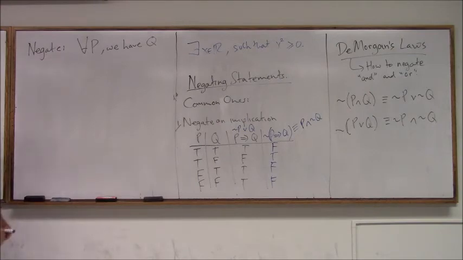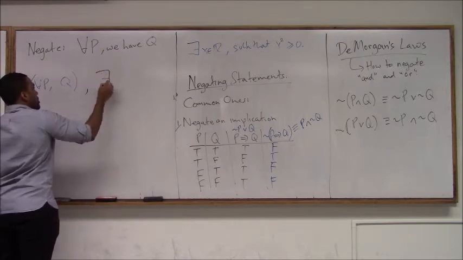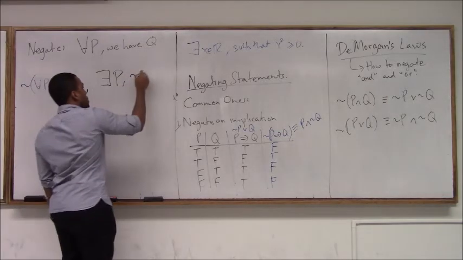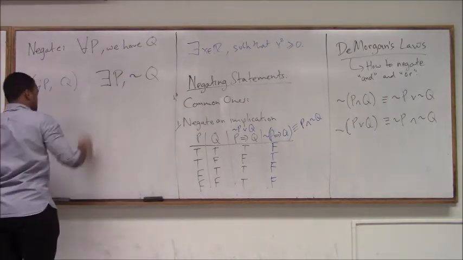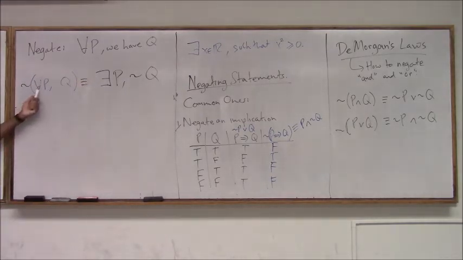The negation of for all P, Q would be the E, for some, there exists, for at least one. So there exists a P such that not Q. In other words, the negation of for all is there exists such that not that happens.